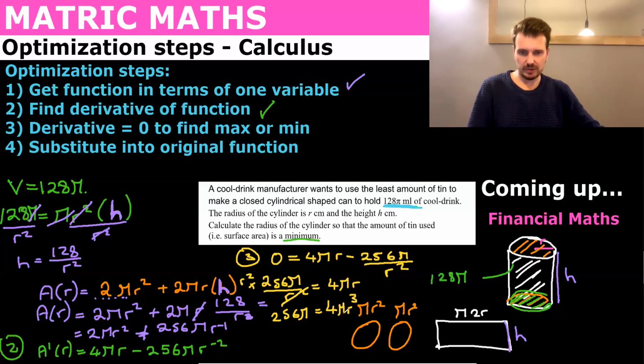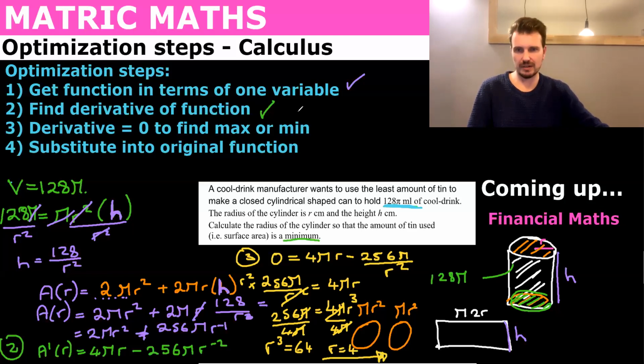Now I need r cubed by itself. I'm going to divide by 4 pi, and then I get r cubed equals 256, the pi's cancelled, 256 divided by 4 is 64, so r cubed equals 64. The cube root of 64 is 4, and so my final answer is r equals 4. So I've done step 3.